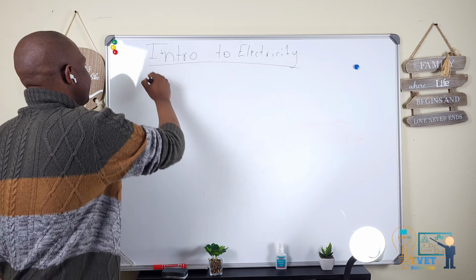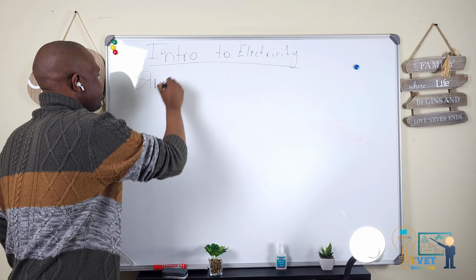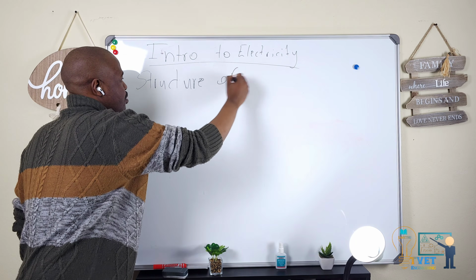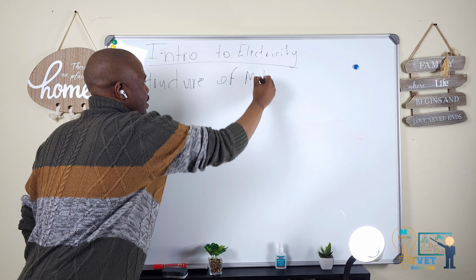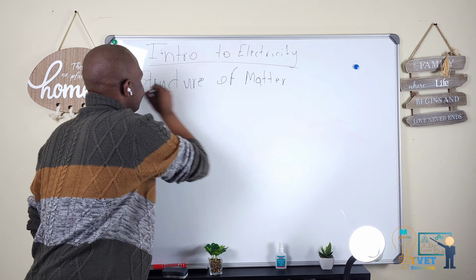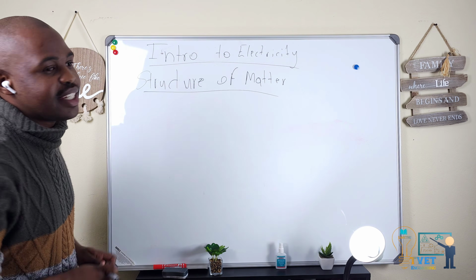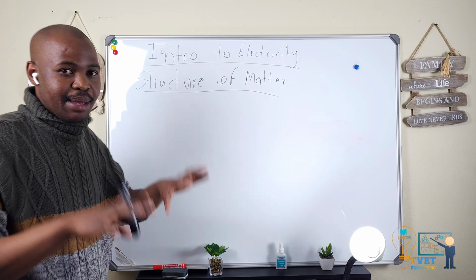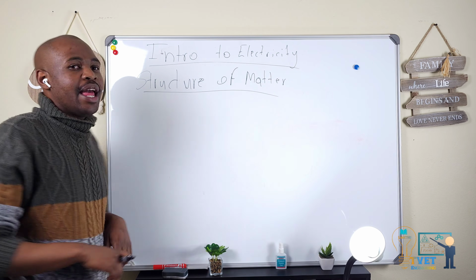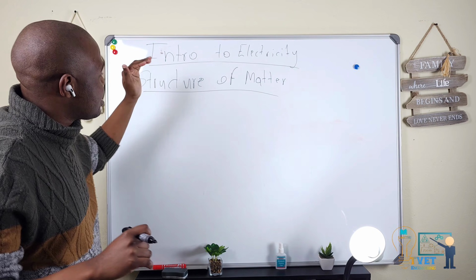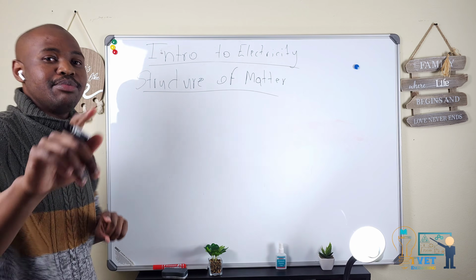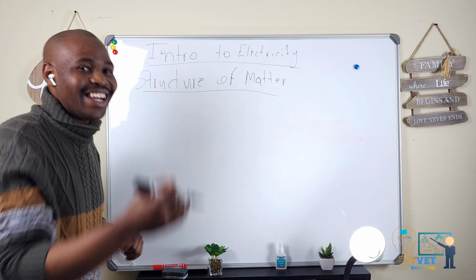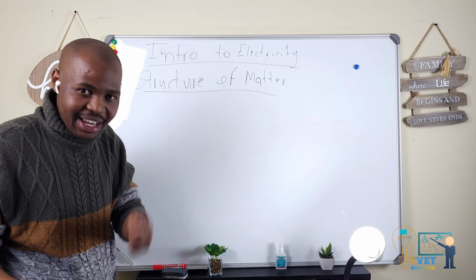The structure of matter. We know even from high school that matter is anything that occupies space and has mass. We study this topic in electricity because electricity occurs at an atomic level.